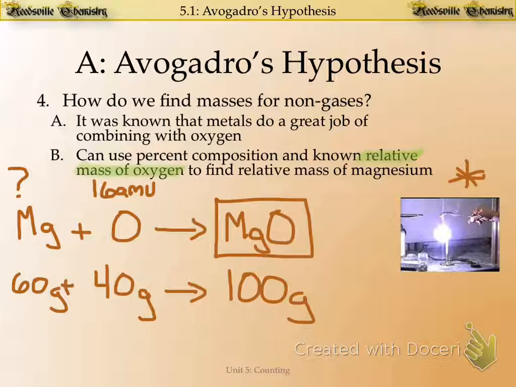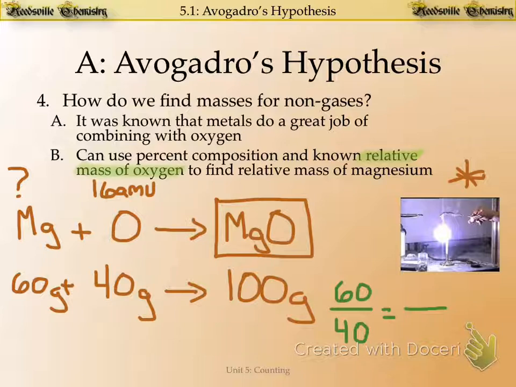So here's where our ratio is going to come in. Let's just do a different color. Our ratio of magnesium to oxygen in this particular reaction is 60 to 40. We know that in this particular compound that reacts one atom of magnesium with one atom of oxygen, 60% of it will be magnesium and 40% will be oxygen.